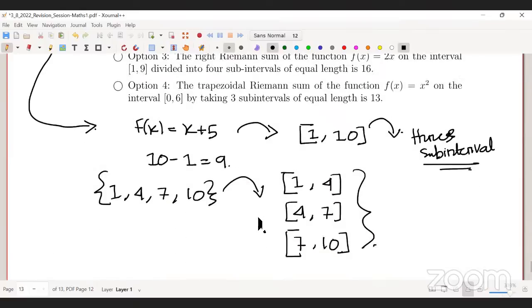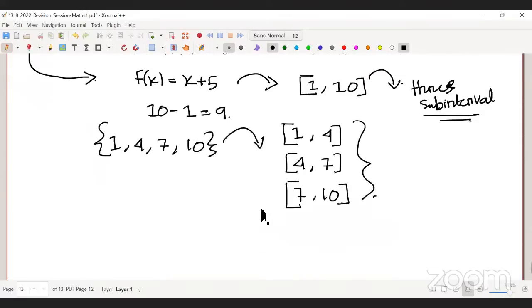So for the left Riemann sum, what value do I have to consider for the function? The left side of the interval. For the left Riemann sum, I have to consider the left side of the interval. So here the left side of the first interval is 1, right?